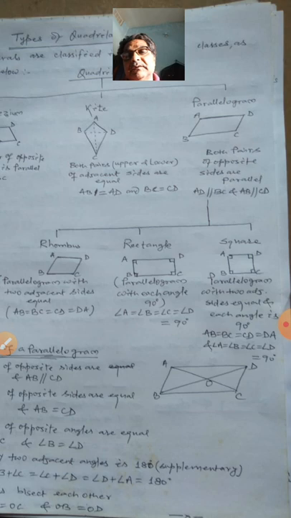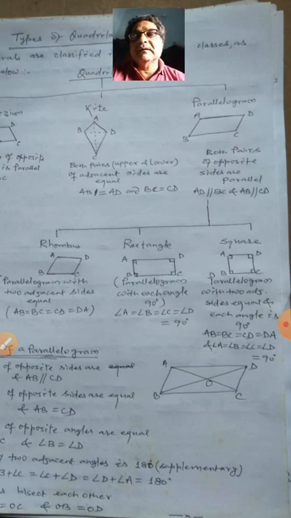Okay students, so I think this concept will help you in answering the NCERT last exercise where different reasoning questions are given, and all can only be answered if you possess this classification.